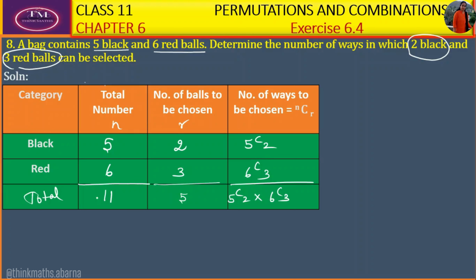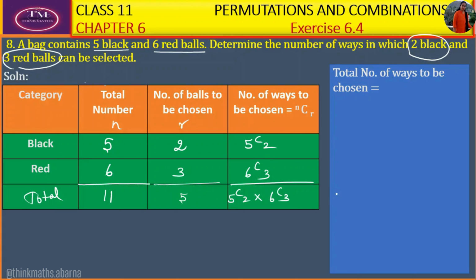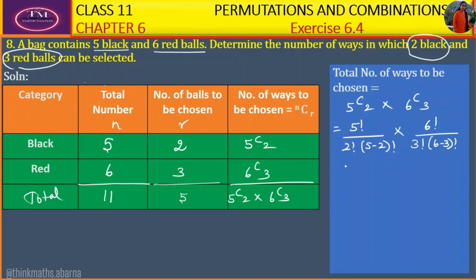So now we have to calculate this product. Number of ways to be chosen equals 5C2 into 6C3. So what is 5C2? 5 factorial divided by 2 factorial into 5 minus 2 factorial, into 6 factorial divided by 3 factorial into 6 minus 3 factorial.